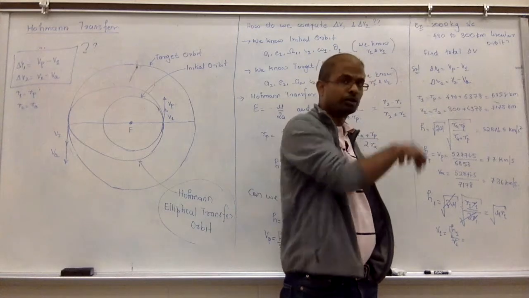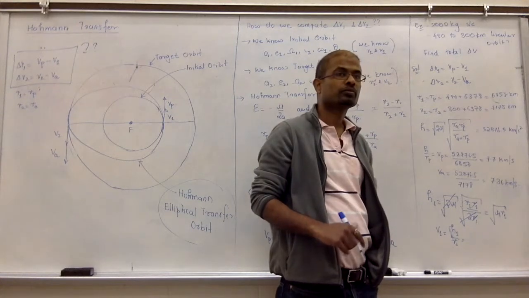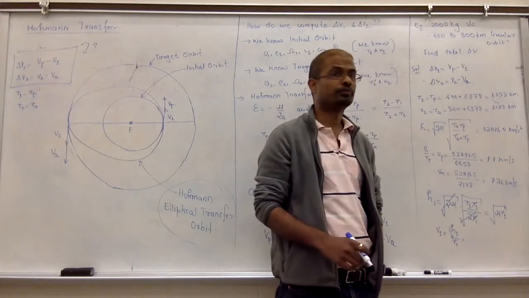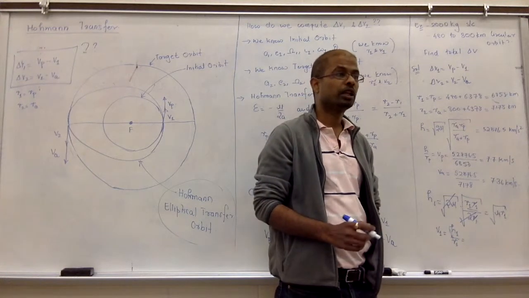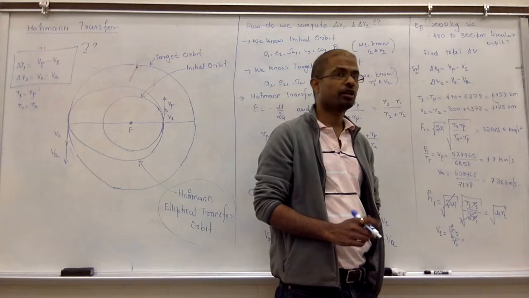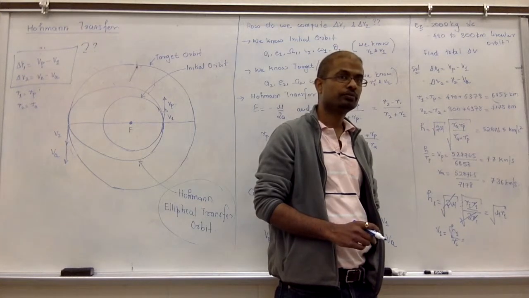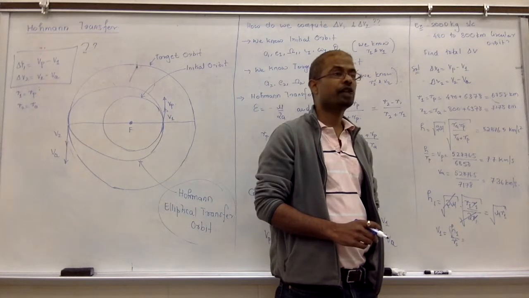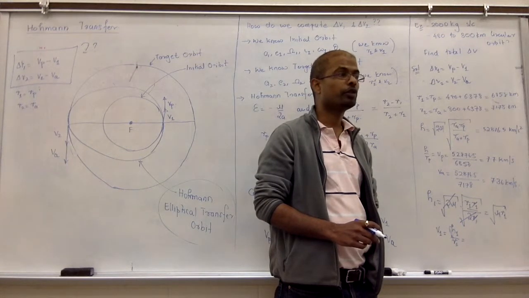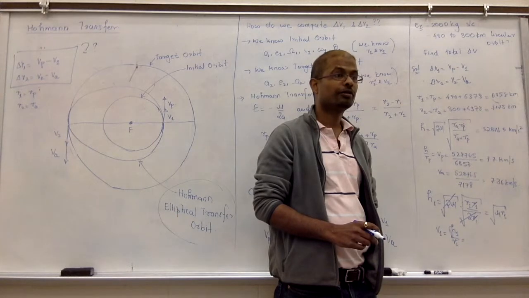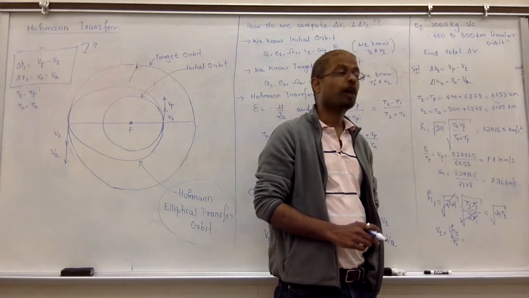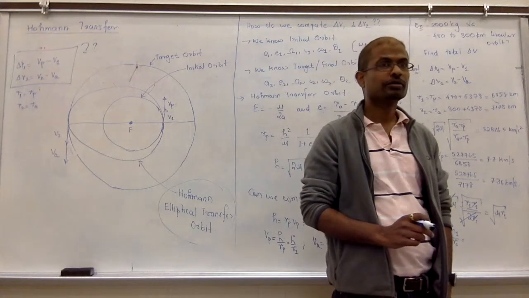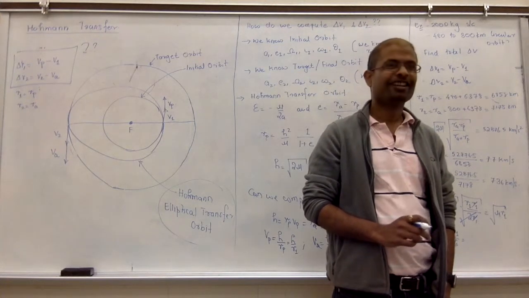800 plus the radius. We are talking about altitude, right? Your RA and RP cannot be just 800. What happens if it is 800? If RA is 800 kilometers, where will you be? Will you not be inside of the Earth?